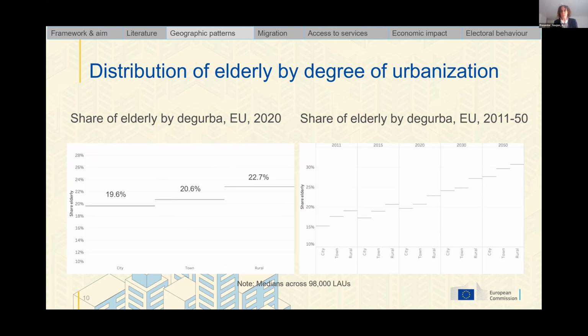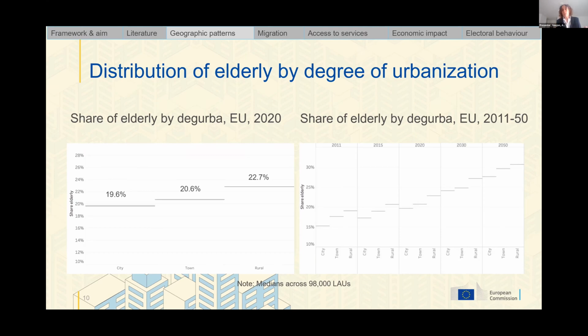And you can see on the right-hand graph how this is going to change in the future, going to 2050. First, the share of elderly would be increasing about everywhere, in all areas, whether they are cities, towns, or rural areas. In rural areas, it would increase from 19% in 2011, sorry, to 30% in 2050, and in cities from 15% to 27% in 2050.